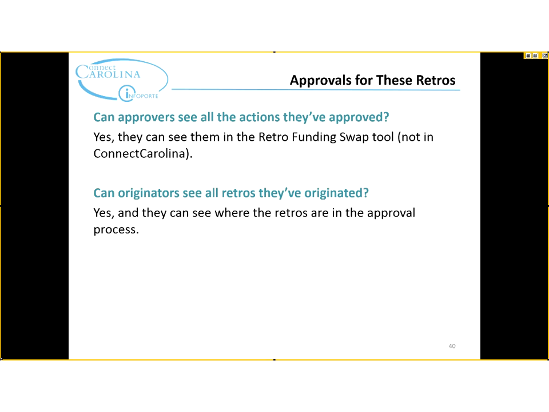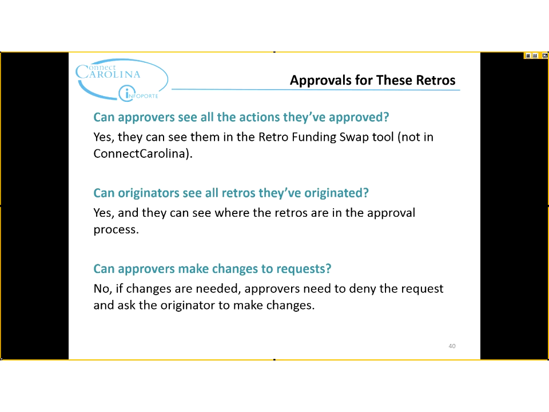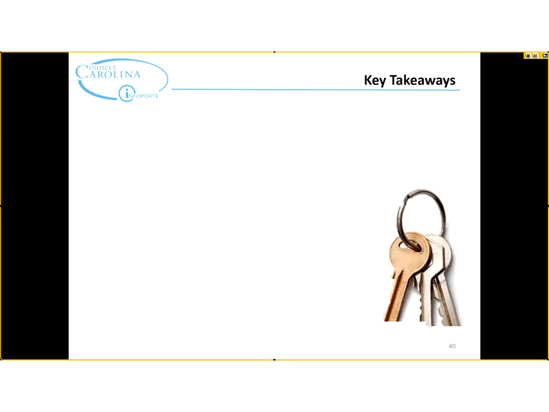And you can also see where that retro stands in the approval process. So if there are 3 people who need to approve it and it's stuck on the second person, you'll know who to call, get on the horn and ask them to push the button and send it on. Approvers cannot make changes to the request. Okay, so if something needs to be changed, they will have to deny it and it'll push it back to the originator who will make the changes.